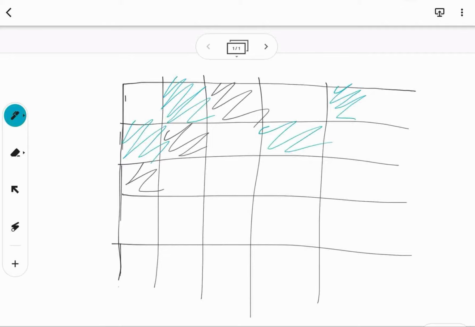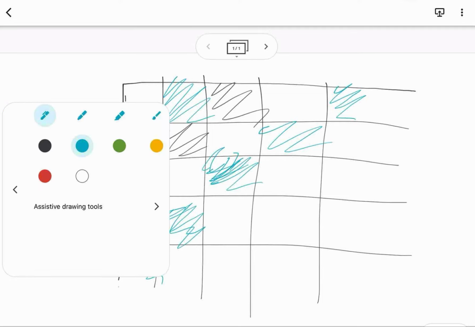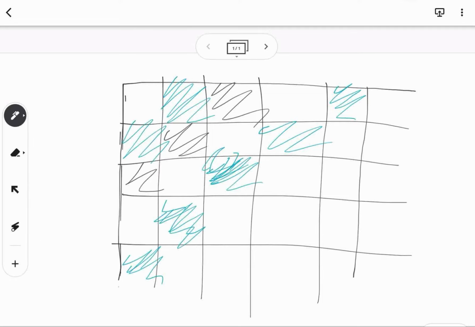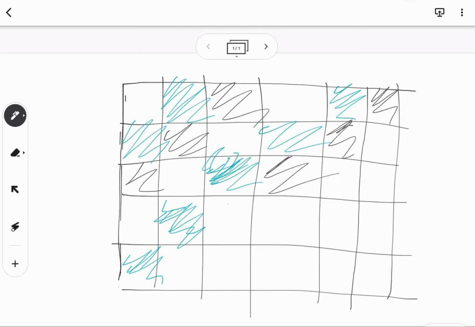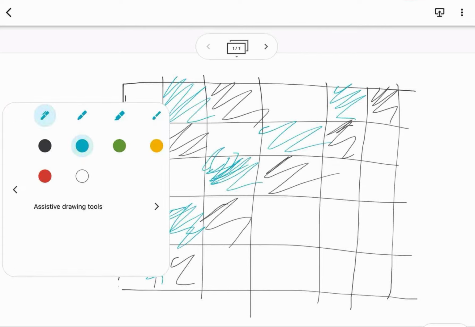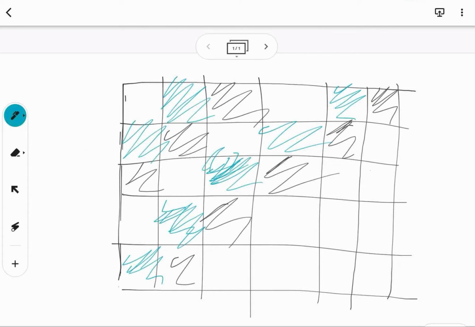What you notice is that it doesn't matter what your board looks like: any 3 by 1 in the board must have exactly 1 black, 1 white, 1 blue. I'll just finish coloring.